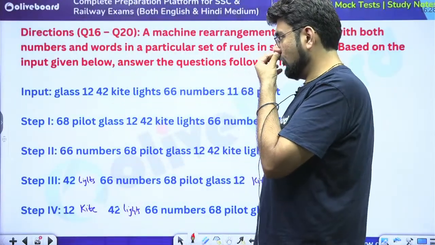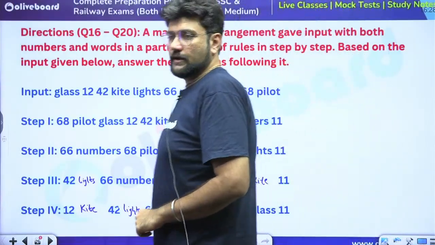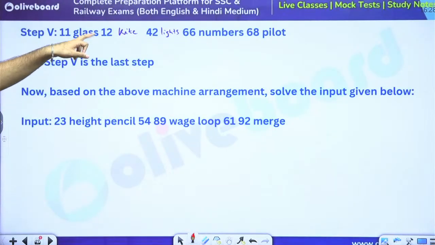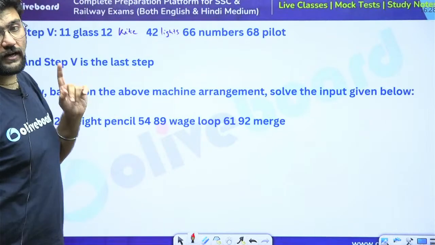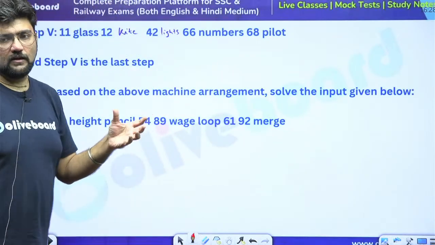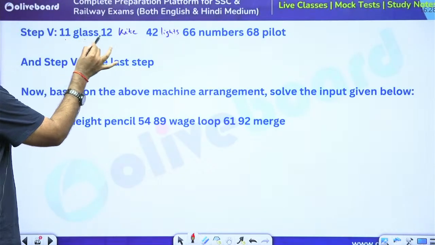So we have glass 12, 42, kite, light, 66, numbers, 11, 68, pilot. Okay. Some words and some numbers. Now straight away observe this in the end. 11 glass, 12 kite, 42 light, 66 numbers, 68 pilot. This time they are not arranged separately. So there is no separate arrangement for words and numbers. So what has happened here, if you observe, the numbers and words, they are going alternate.